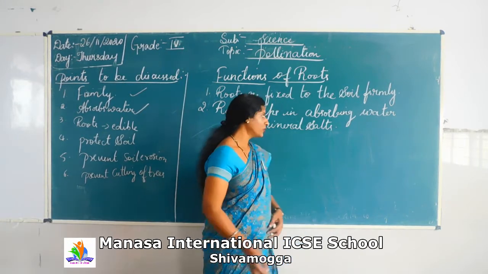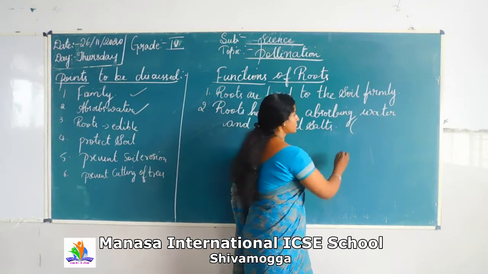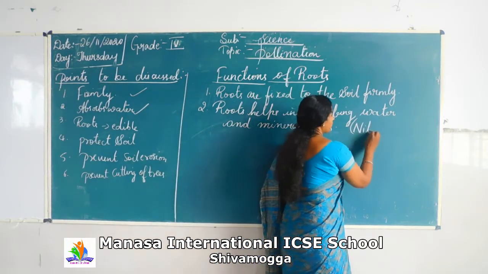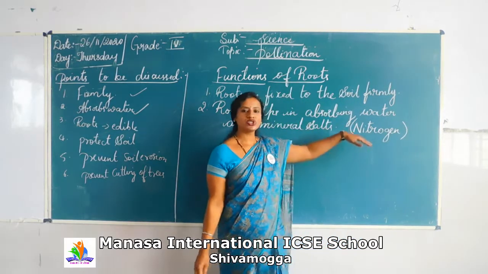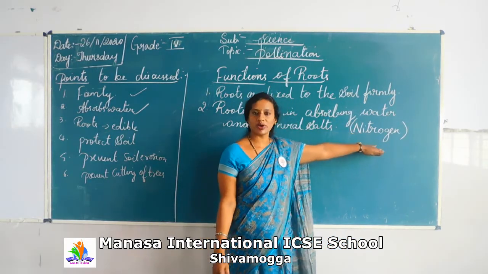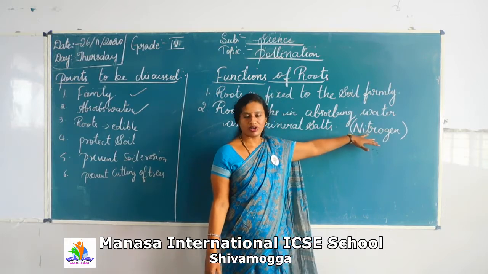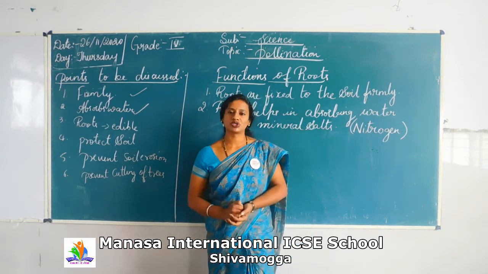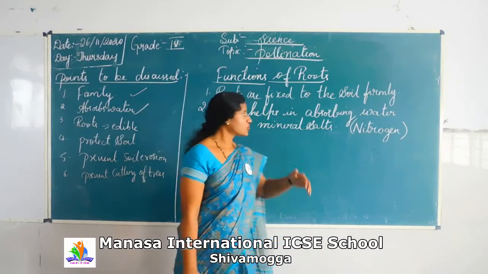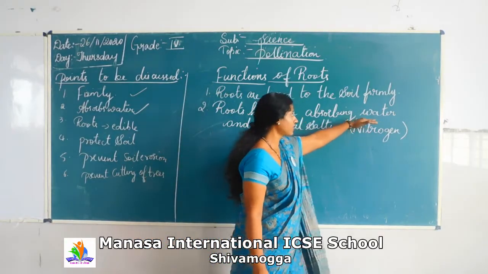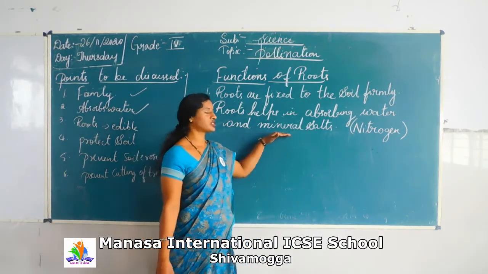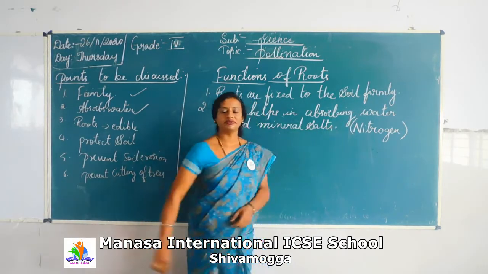To name a few, the most essential element the plant requires is nitrogen. Nitrogen is required in larger amounts for the growth and development of the plant. So these roots help in absorbing water and also mineral salts from the soil.